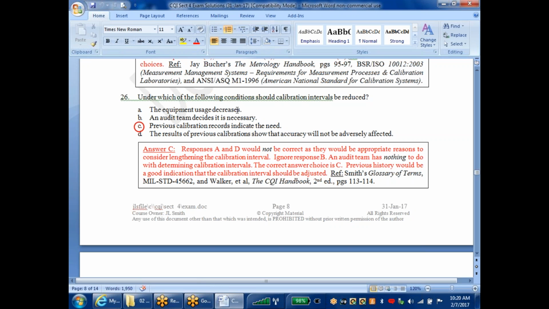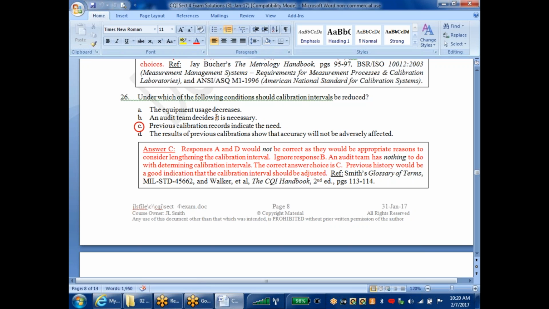Now we're not using it as much, so you might lengthen it, because a lot of times it might be sitting in your gauge drawer. The results of previous calibration show that accuracy will not be adversely affected. Well, that might be a reason to lengthen it and not reduce it.